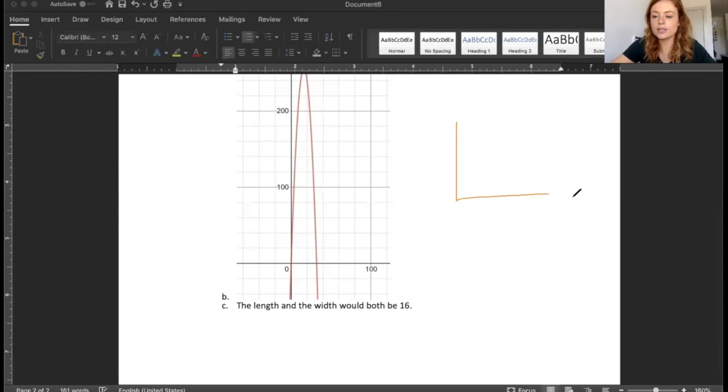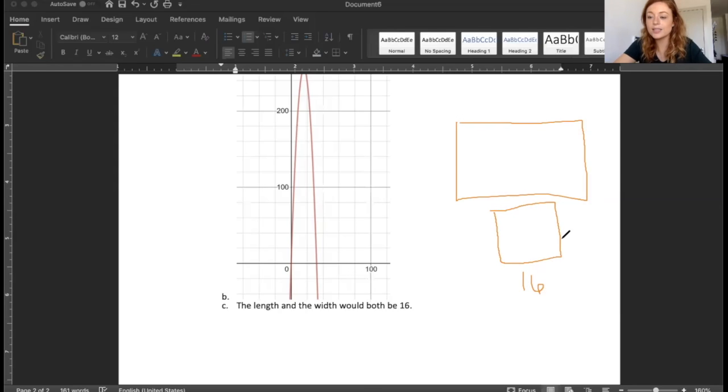So that's how we know that it's both 16. Before I had it as a rectangle, but now I wanna look at it as if it was a square. It's kind of hard to draw on these things. If I had 16 all the way around, that would be 4 times 16, or 16 plus 16 plus 16 plus 16, which still gives me my perimeter of 64, so I'm still within my bounds, but it maximizes my area, which is what we looked at on that graph.